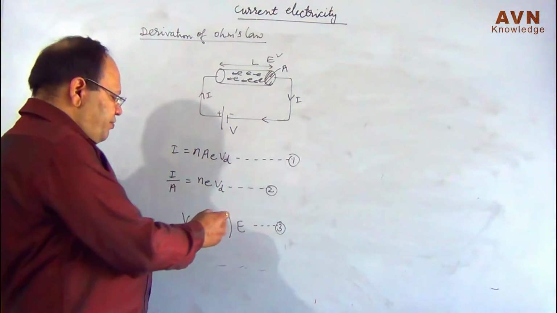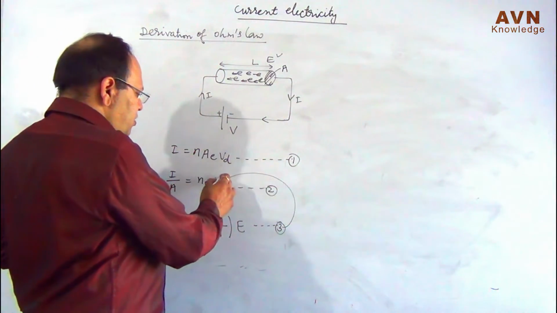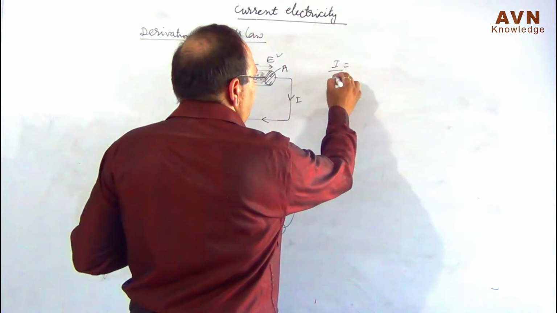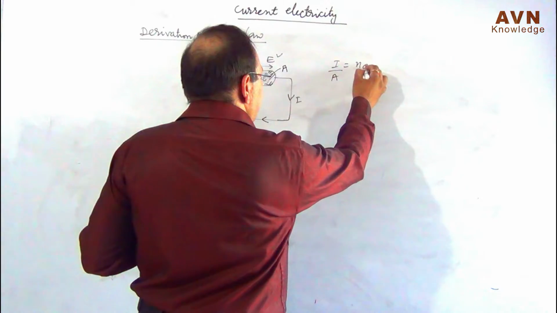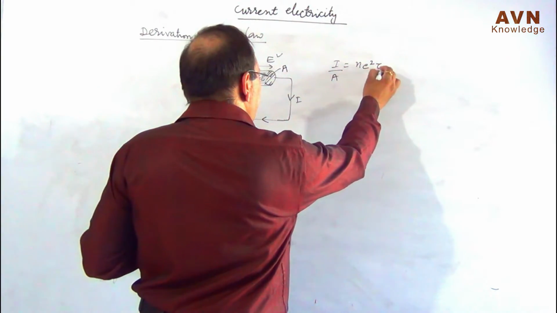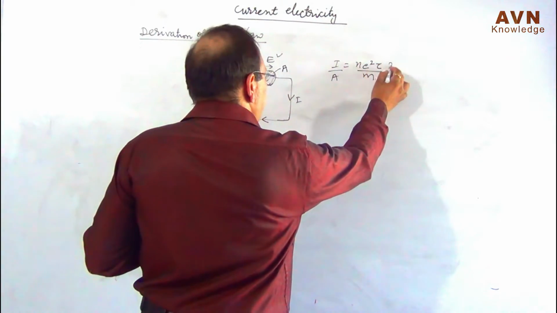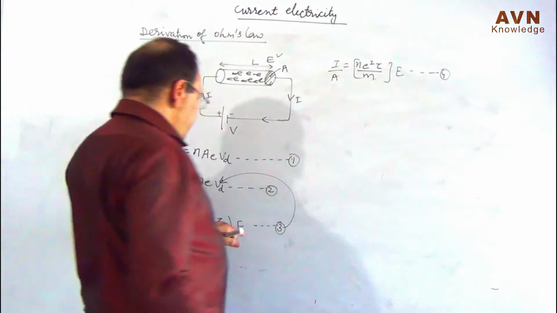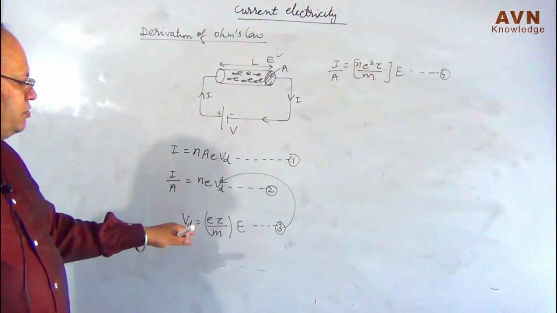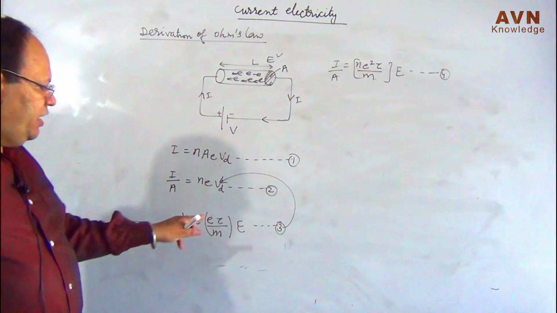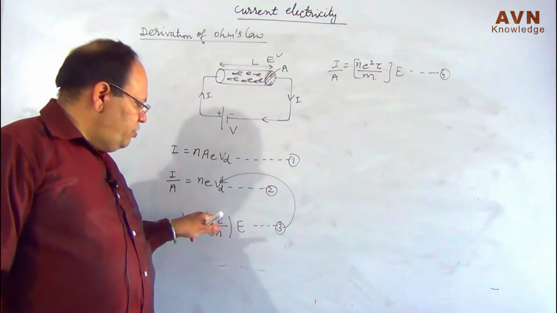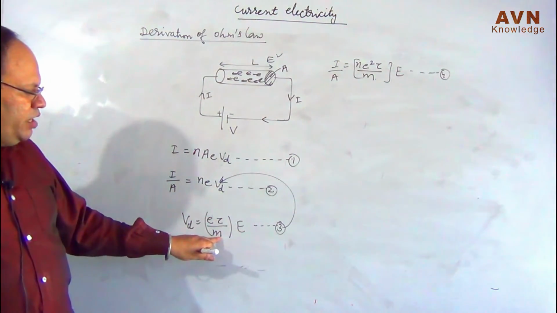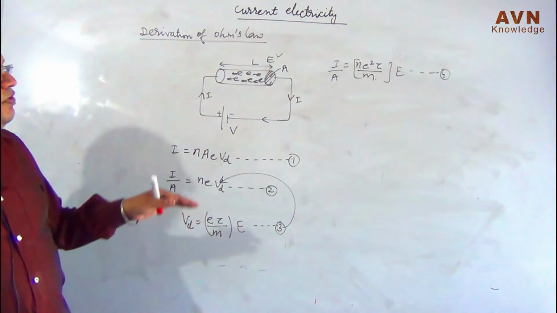So put the value of Vd from equation 3 into 1: I upon A equals n e square tau upon m into E. This is equation 4. Here e is the charge of electron, tau is the average collision time, m is the mass of electron, and E is the electric field.